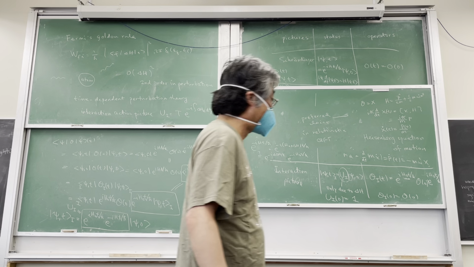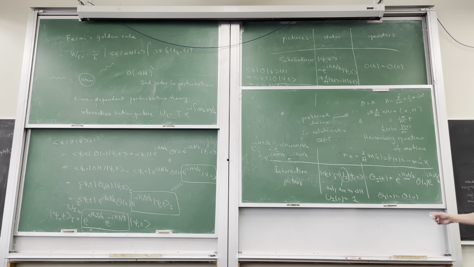So I understand that the reason we wanted to separate the perturbation from the H naught made us want to have both the operators and states to be time dependent. But I'm thinking about the meaning of the operators now, because now if I have the operators being dependent on t and only dependent on the H naught, so it means that the operator can only be affected by the zeroth order, it's H naught.